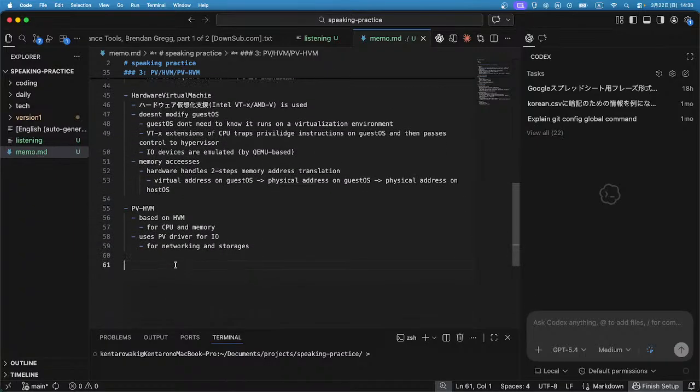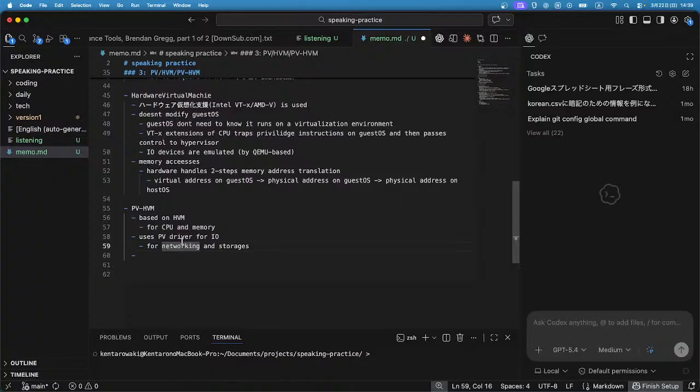So this is the area that can be improved, and PV-HVM improved this area. This is the optimal form of HVM, right? HVM doesn't use hypercall, so less overhead, and PV driver doesn't use emulation, so it's faster, right?